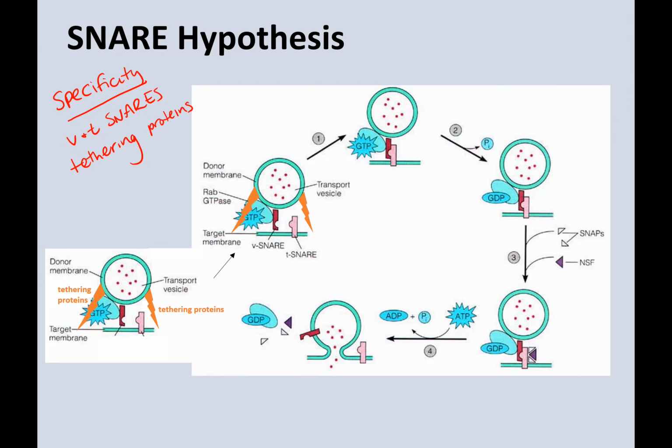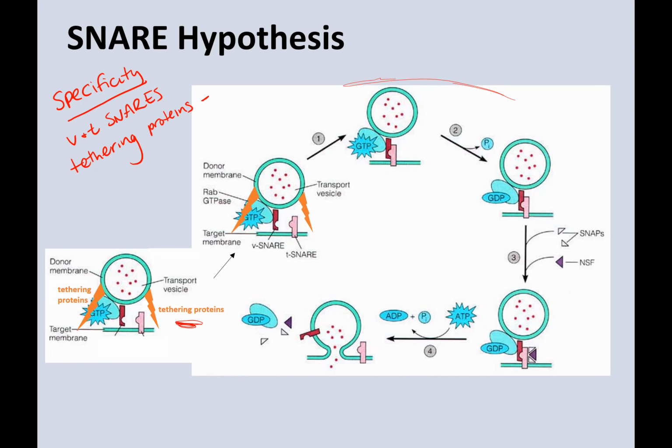And when I look for good SNARE hypothesis images, a lot of them don't include the tethering proteins, so I added them in here. And the only reason they're disappearing here is just to make the picture more simple, but they don't disappear because they are on that target membrane.